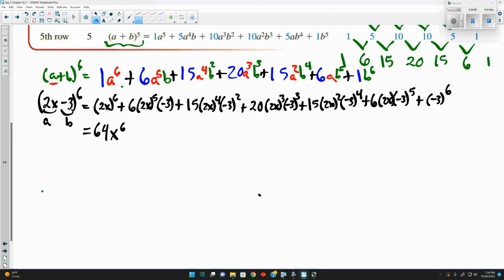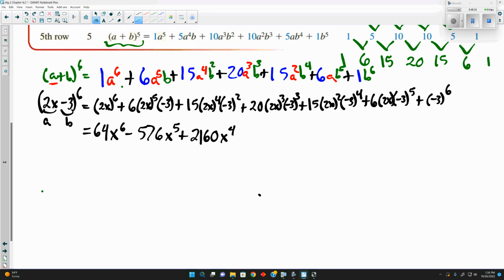I could do this, but it's going to take a while. Negative 576x to the 5th. And we could do the next one, 15 times 2 to the 4th times negative 3 squared. It's going to be plus 2160x to the 4th.